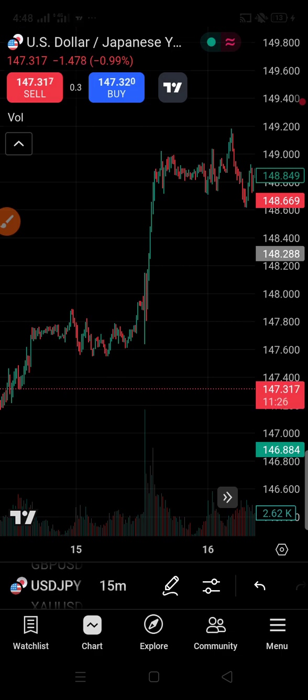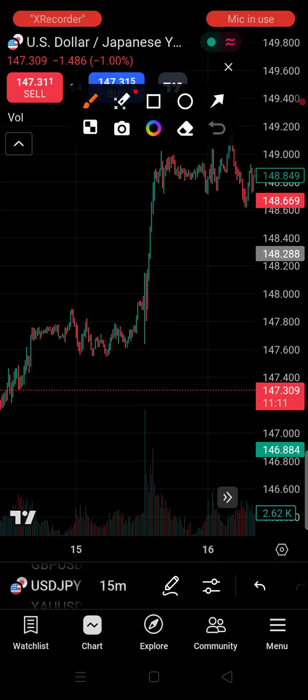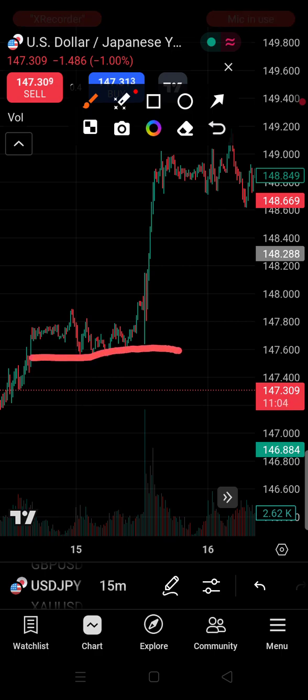At this particular market now, looking at this place, I don't want to be using my trading tools, so let's just use this particular tool, even though it will not be accurate drawing, but you try to get what I'm trying to say. In this particular place, you can see that there's a strong support here, and then there's a strong resistance.